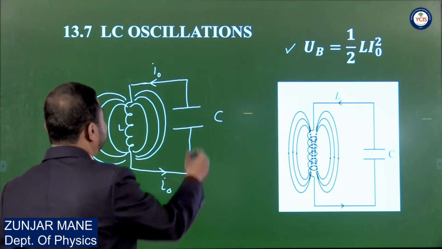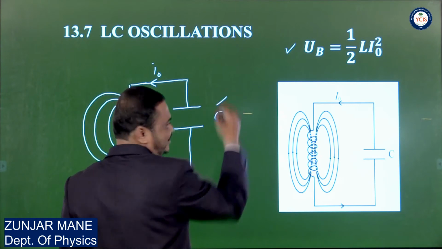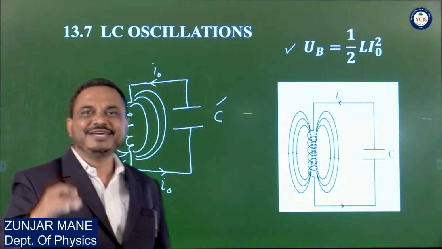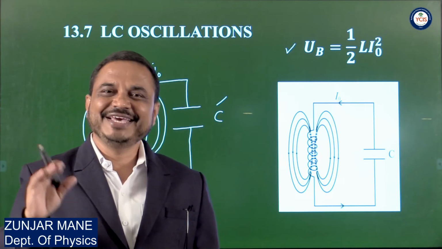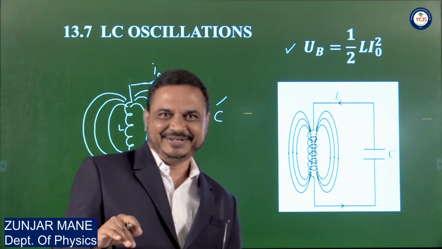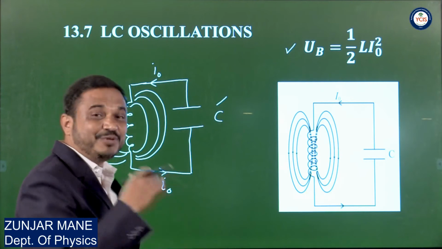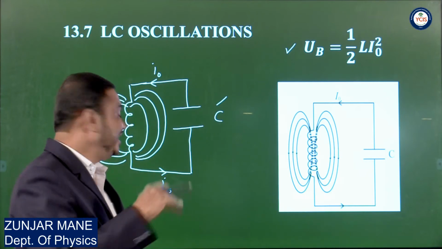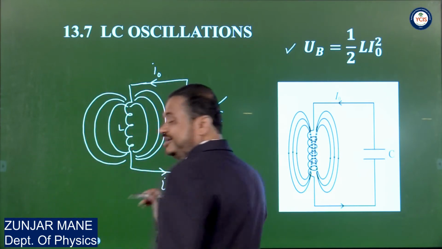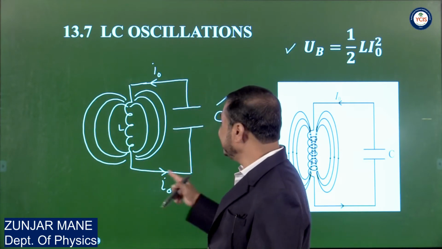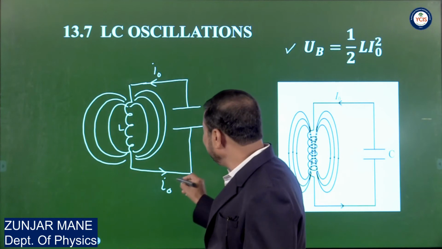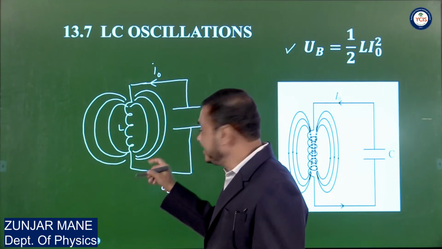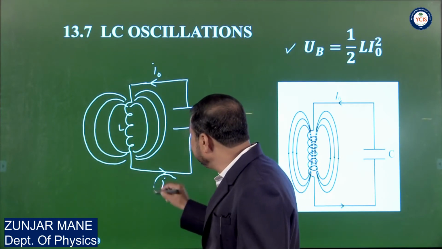Now when the capacitor is completely discharged, the magnetic flux of the inductor goes on decreasing, and according to Lenz's law, the induced current opposes the decreasing magnetic flux, and therefore the current continues to flow in the same direction.